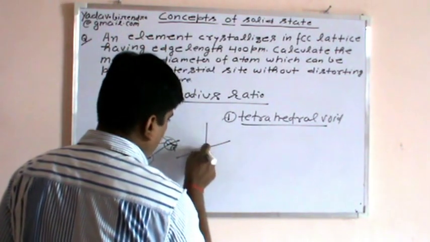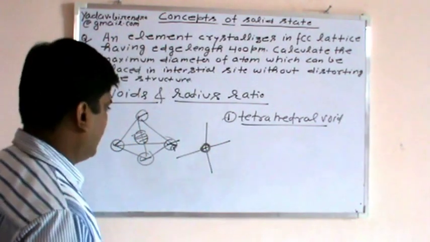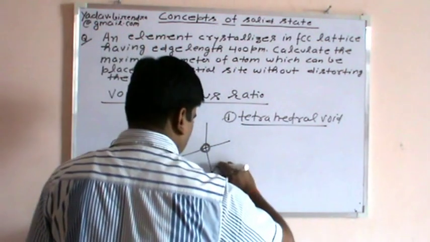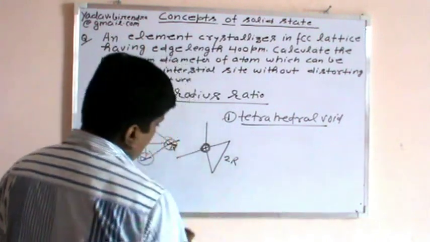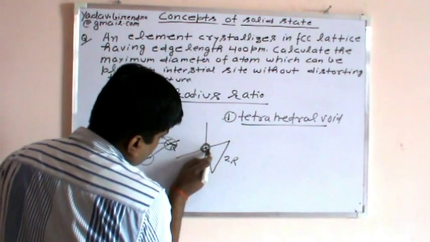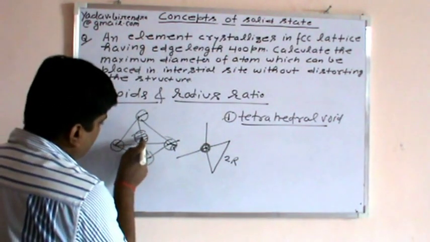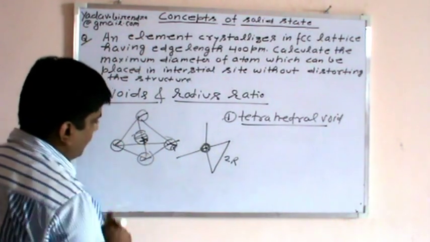This is the void where we have placed another atom. This distance can be written as 2R. Let the radius of this atom which is placed inside the void be small r.